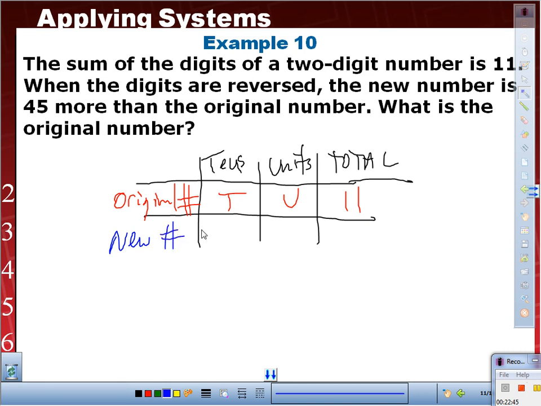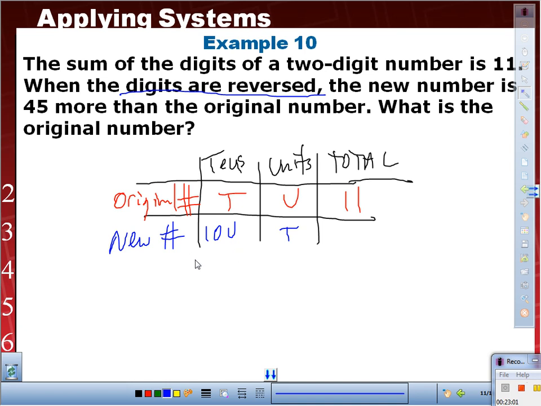New number. Joseph. Yeah, go. 10U, that is correct. And then? Because it says the digits are reversed. If the original digits are T and U, when you reverse them, what is it? U and T. Where did you get the 10 from? Well, now that the U is in the 10th spot, we can't label it U because it would be units.